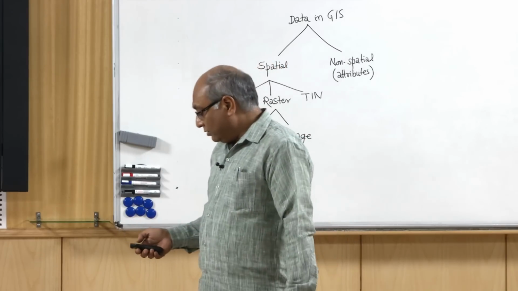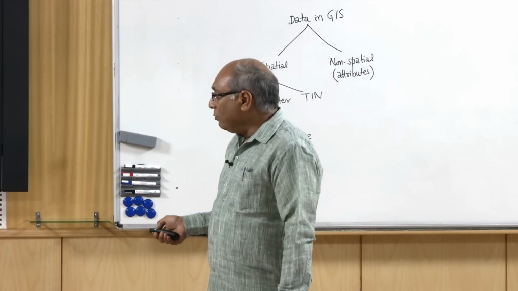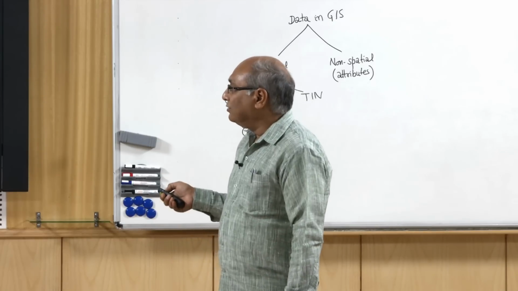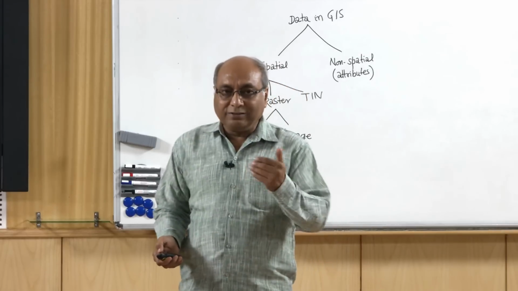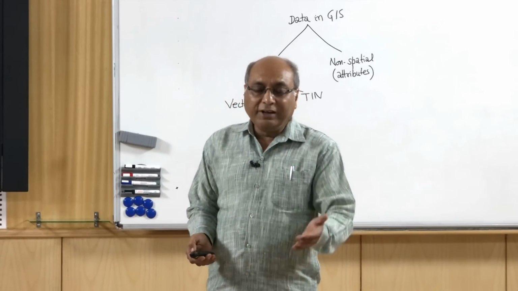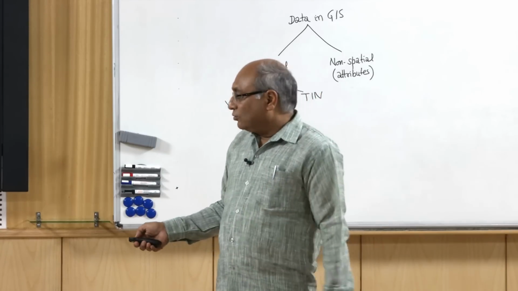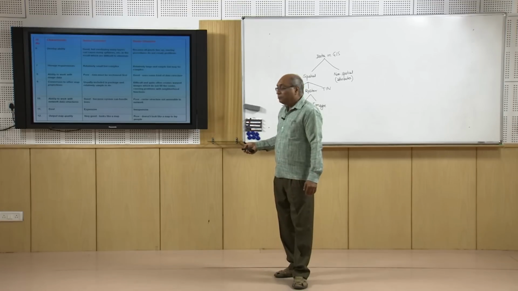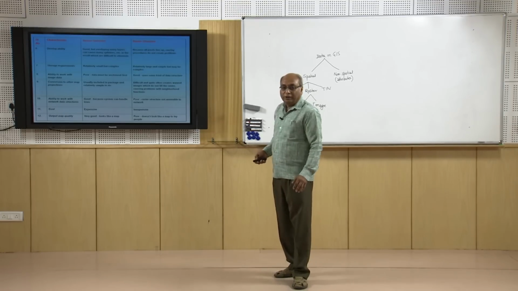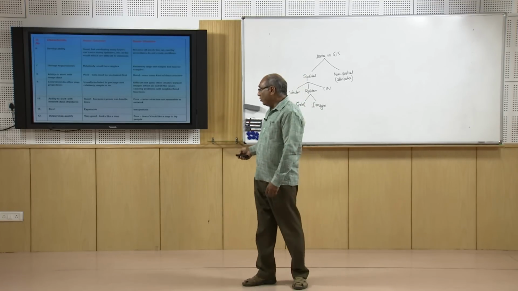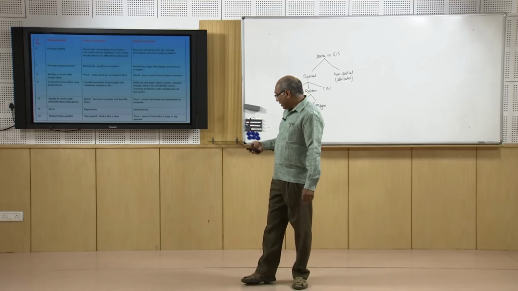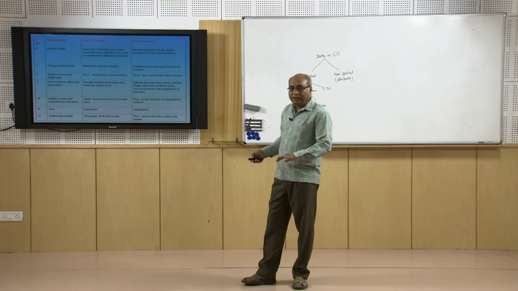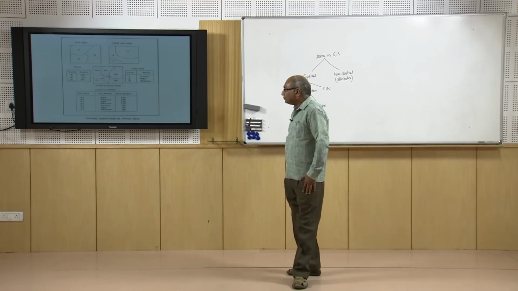So many times, though we may be doing a lot of analysis using raster data, in order to make it simpler we might finally convert to vector, so that our map quality becomes good or better and looks like a conventional map. Otherwise, for those who understand raster data, it is no issue.